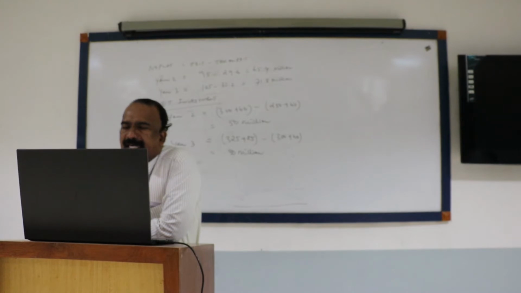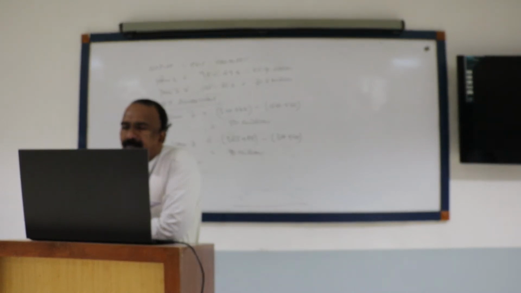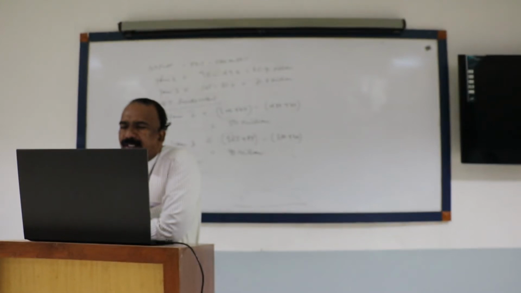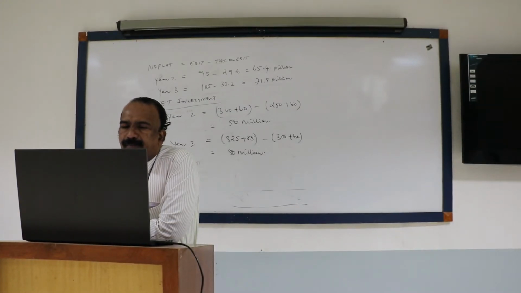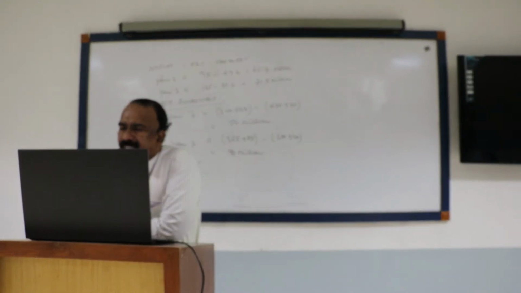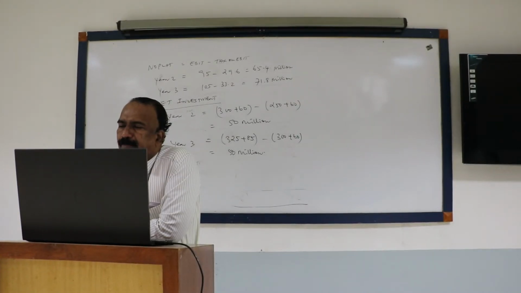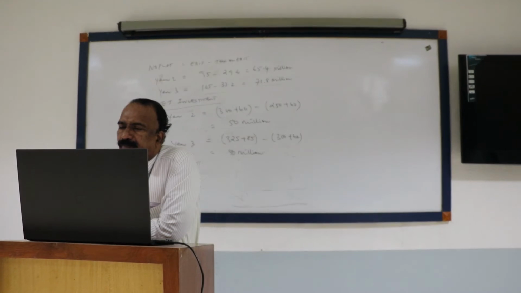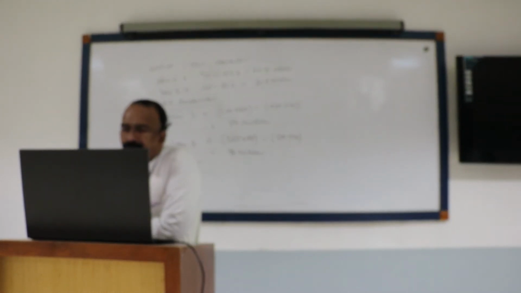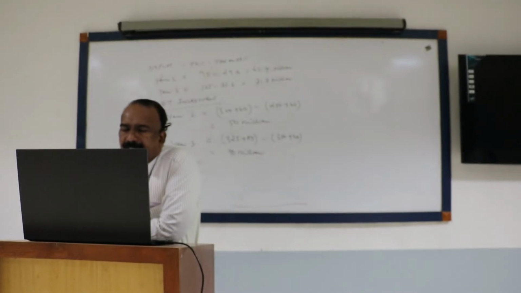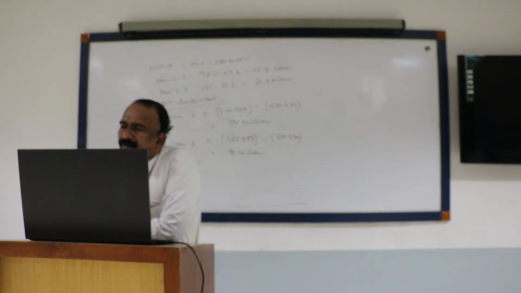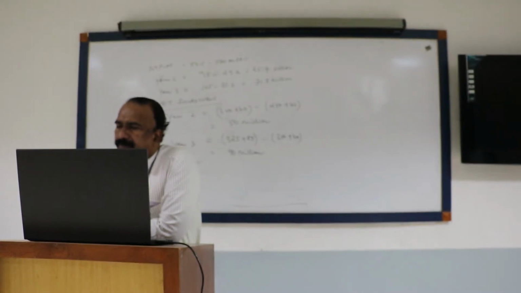Net fixed assets at the end plus net current assets at the end minus net fixed assets at the beginning plus net current assets at the beginning. Got it, sir. So for the second year, it will be second year minus first year. For the third year, third year minus second year. Got it? Yes, sir.